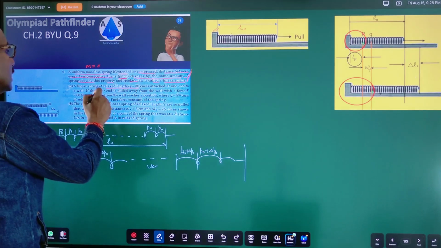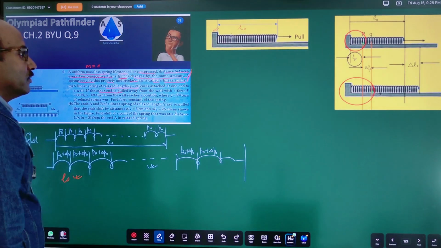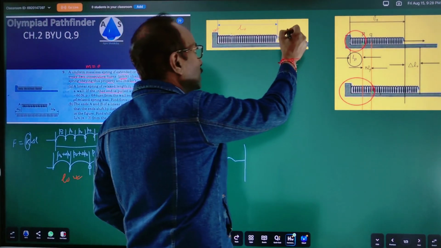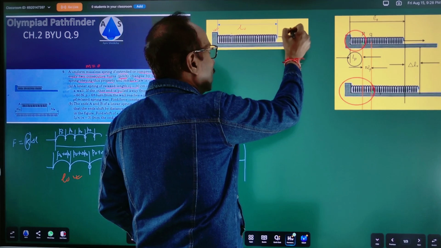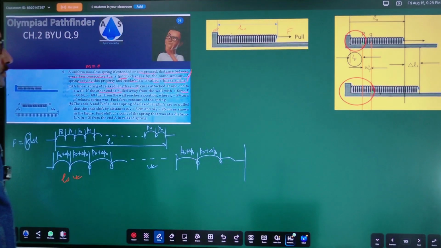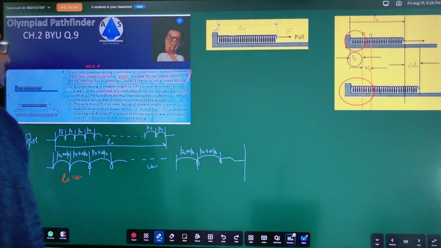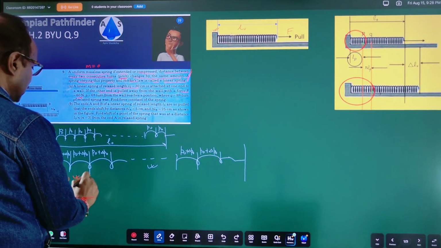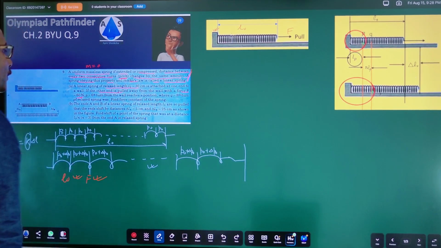If the other end is pulled away from the wall with a force F, so this pull is done by applying a force F. And the value of F is given, 60 Newton. So F also is known.